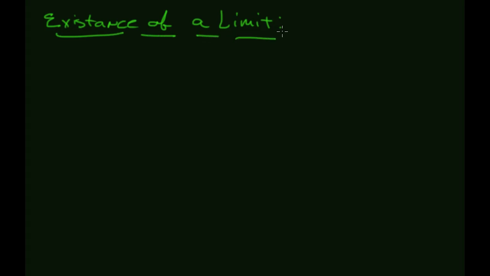Okay, so we're going to prove the existence of a limit. So let's show that a limit exists. Now, this is something that I would never ask you to do on a test. You may have to prove that a limit doesn't exist, but you're not going to have to prove the existence of one.